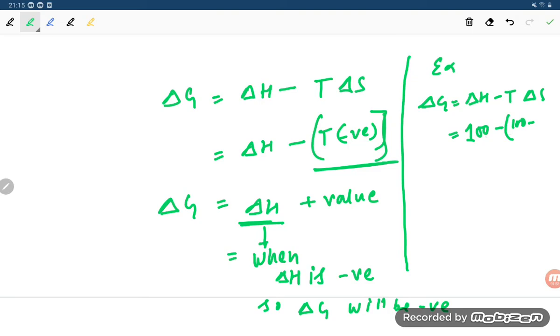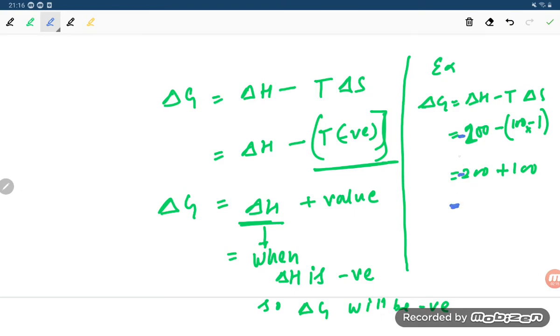Suppose entropy is negative 1, and in between there is multiplication. So you solve, minus into minus is plus, so that plus 100 is coming.